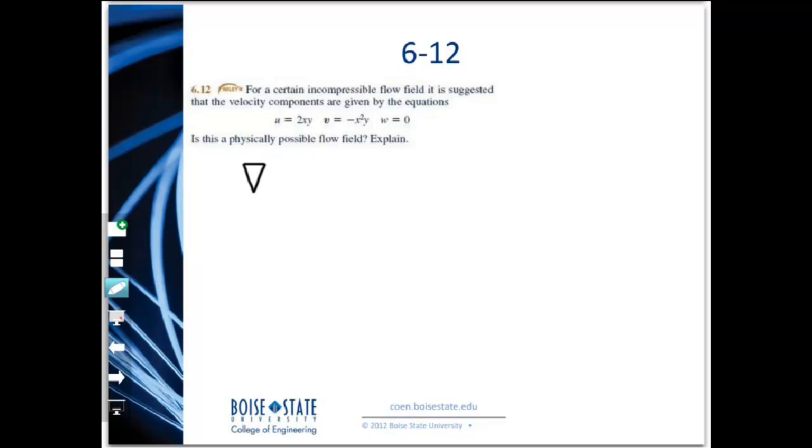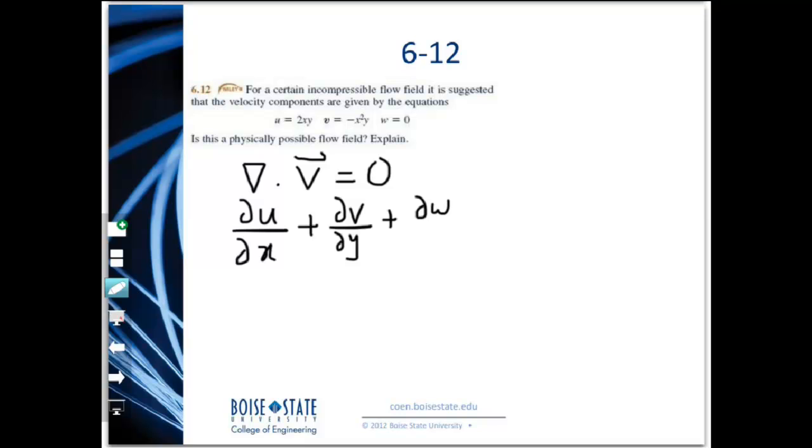So del dot V should be equal to 0, or it means ∂u/∂x plus ∂v/∂y plus ∂w/∂z should be equal to 0, and that's what we are trying to find. Is it equal to 0 or not? So let's go ahead and do it.